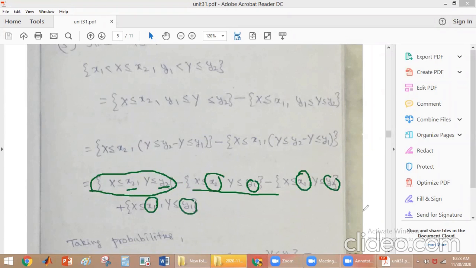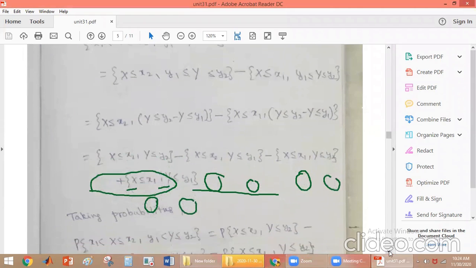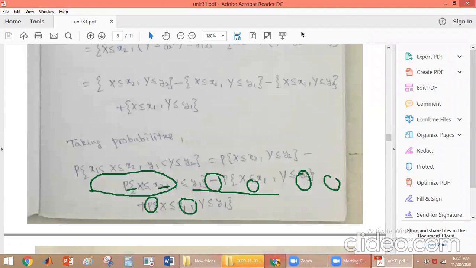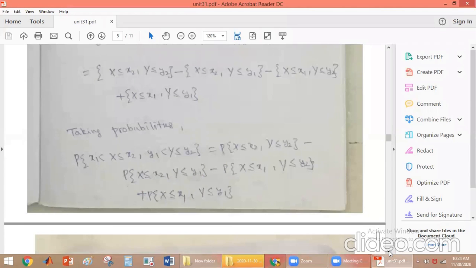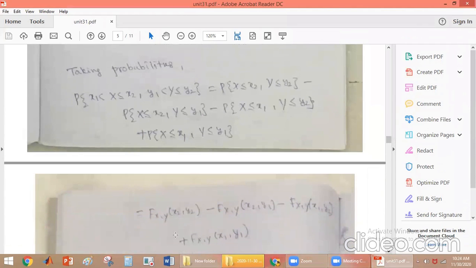So from this, what do we get? We'll be getting it as probability of x less than or equal to x2, probability of y less than or equal to y2. Now we apply probability on both sides. What is the first equation?